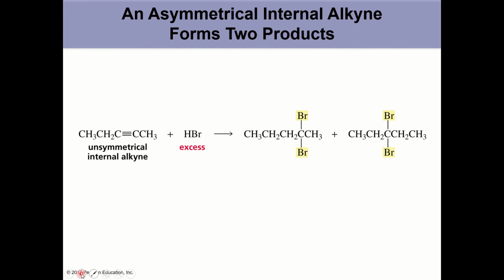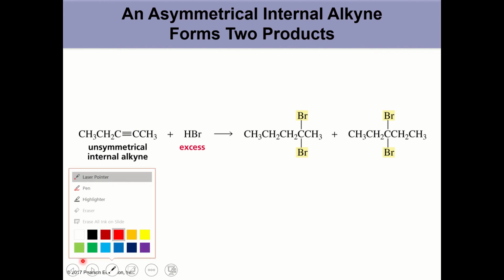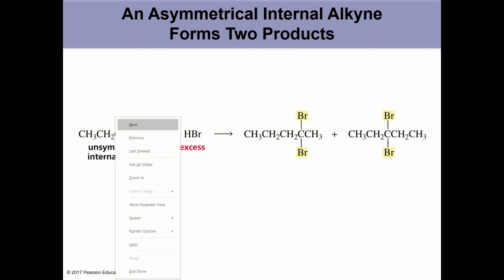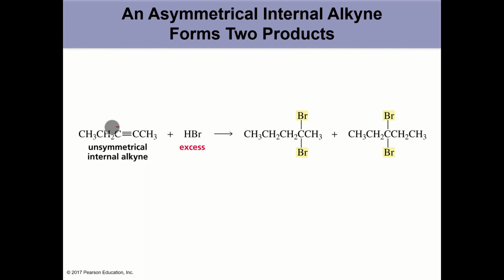The same reaction occurs with HBr. So the same reactions that we've been discussing with HCl occur with HBr. And now they're giving us an alkyne that is not symmetric. It's not symmetric, but both of the carbon atoms are equally substituted. So both alkyne carbons are secondary.